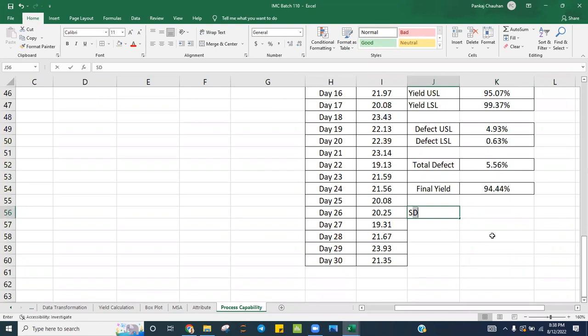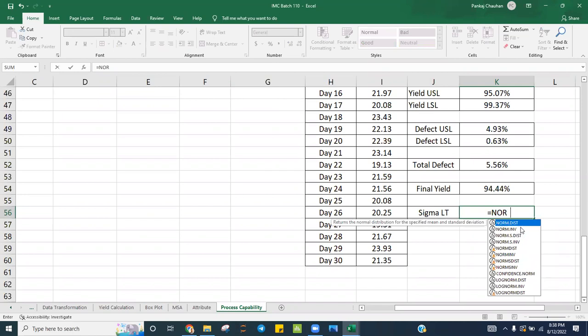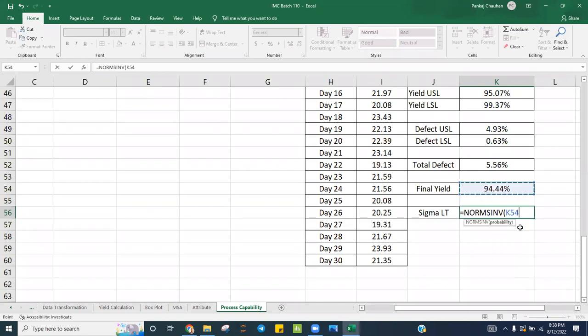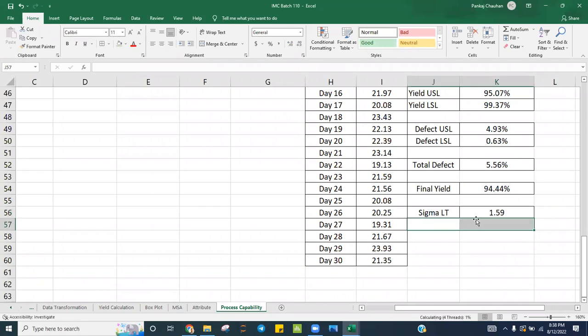So what is your sigma level now? How will you calculate sigma long term? Now you can convert, and what is the formula I will be using in Excel? NORM.S.INV. Select this probability and here we go. 1.59 is your long-term sigma, which can be converted into the short term.